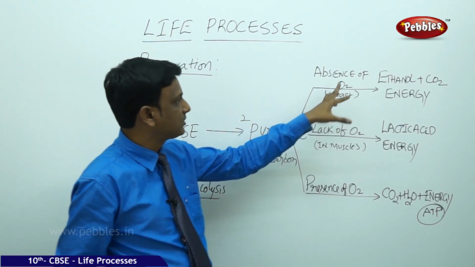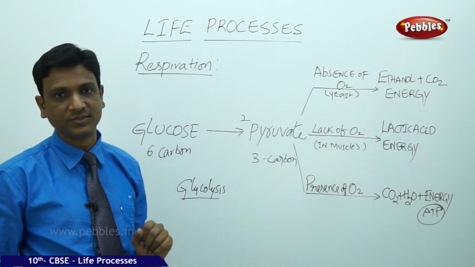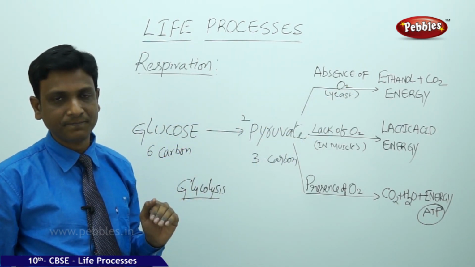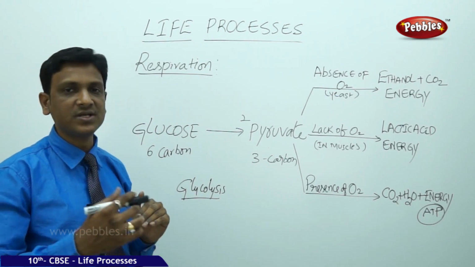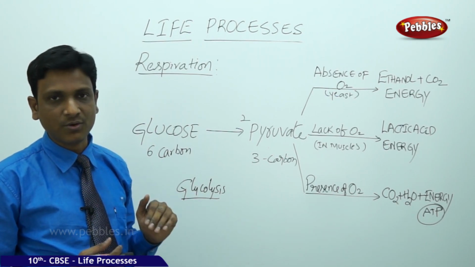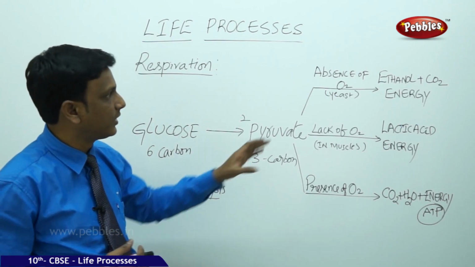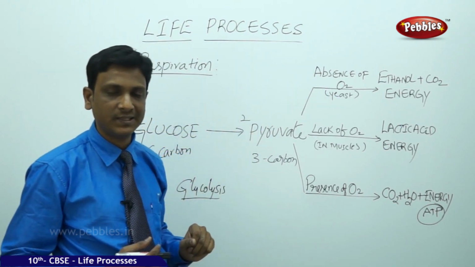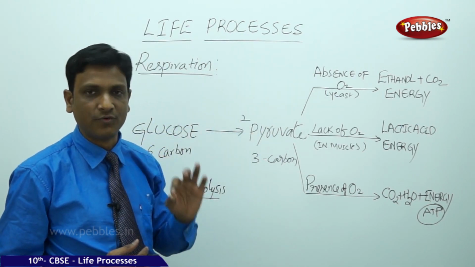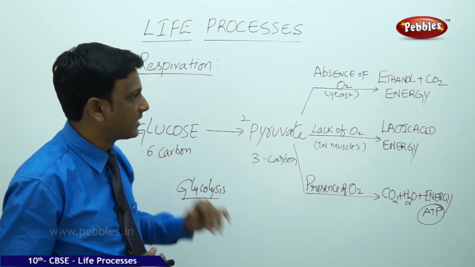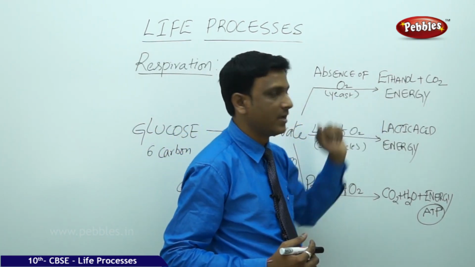But in case of yeast, there is absence of oxygen. In these cases, the respiration continues, which is called fermentation. Here we are calling this process fermentation, which happens in absence of oxygen. Ethanol and carbon dioxide are released.